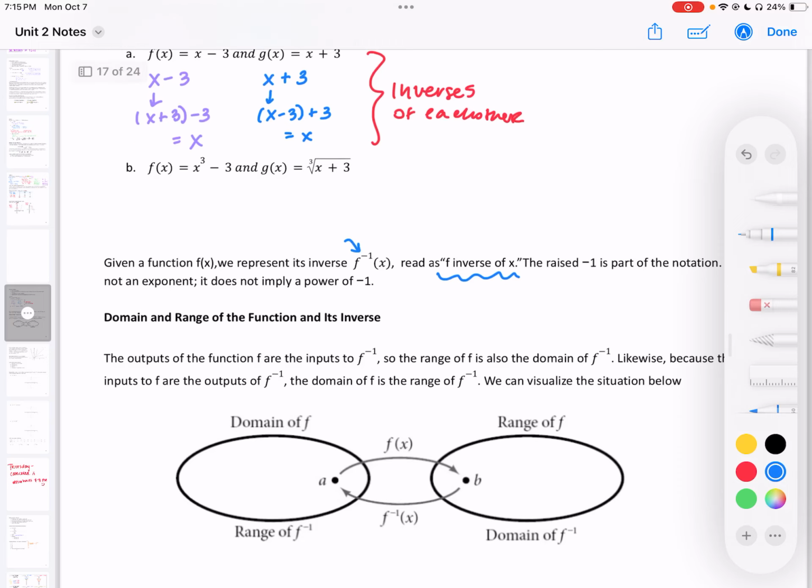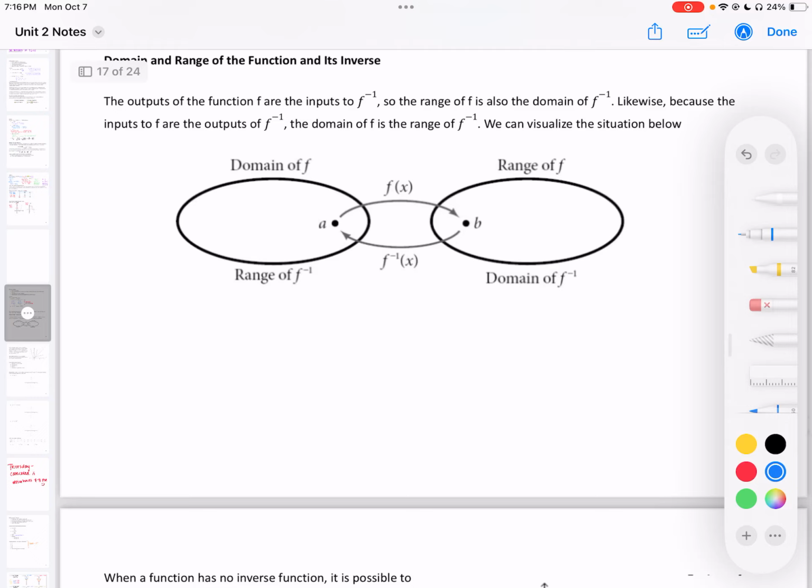Something else that's really important about inverses is that the function and its inverse switch their x and y values and their domain and range. So something that is really useful to remember is that for the function, the x value and the y value and the domain and the range flip-flop.